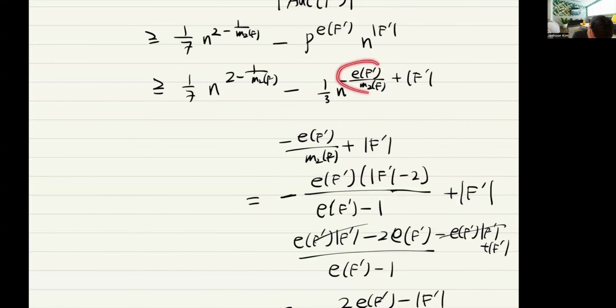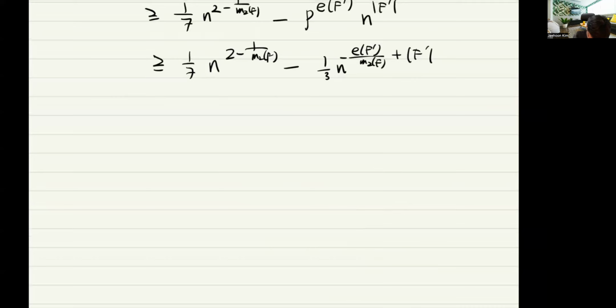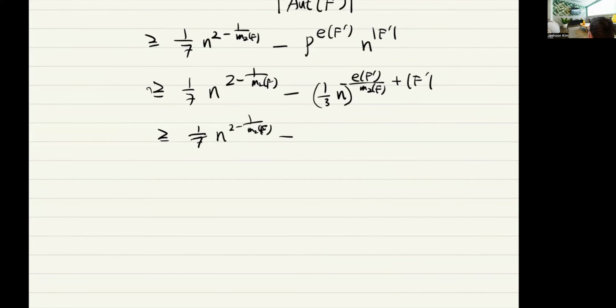So here, what you get is the exponent that we have computed, 1/7 and n to the 2 minus 1 over the 2 density. And here you have 1/3 to the e of f prime, and e of f prime is like 2.